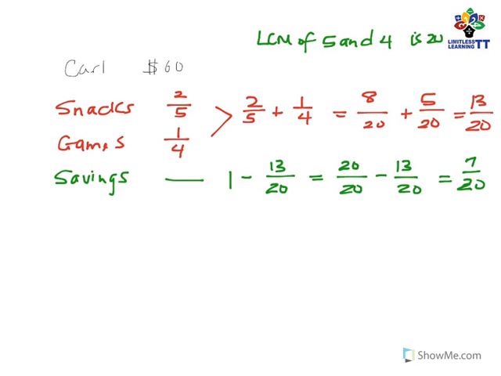Now, the second part is asking us about money. It says how much money was spent on snacks and games. Now, we know what fraction was spent on snacks and games. 13 over 20 is a fraction that was spent on snacks and games.